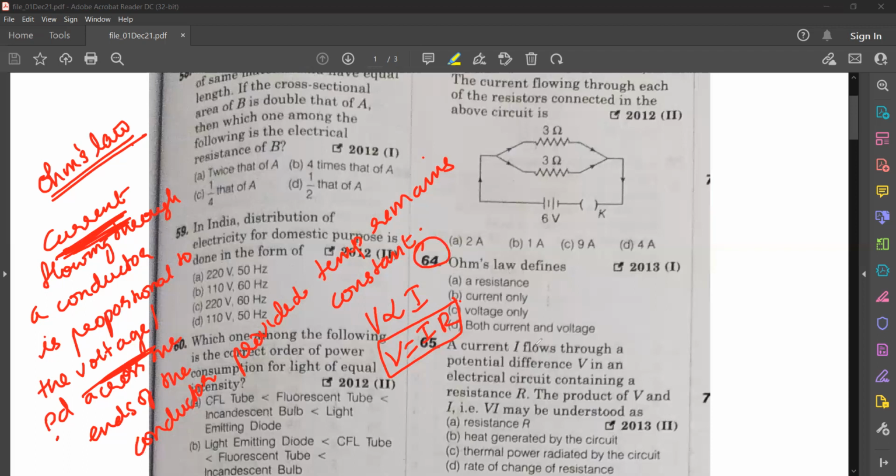So what is the answer here? Both current and voltage. Ohm's law defines both current and voltage. So the answer is option D.